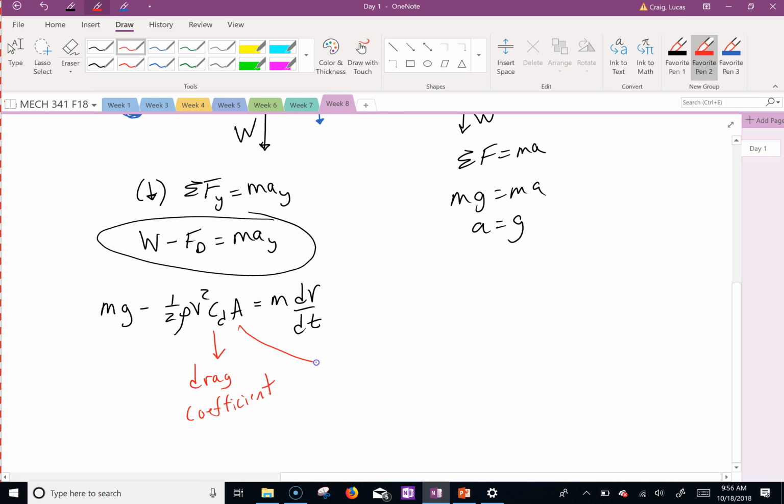Those are all found experimentally. This A, I believe, is the frontal area. It's not the surface area. It's the frontal area.